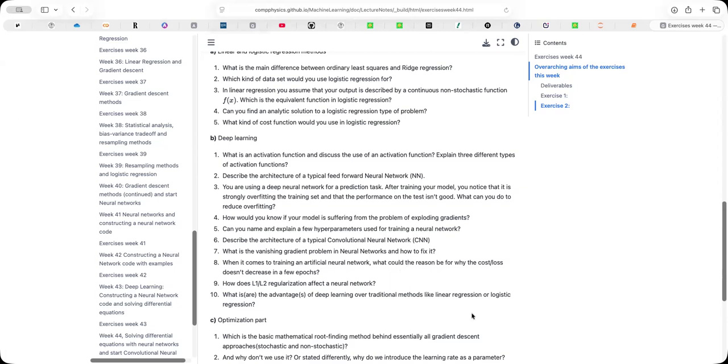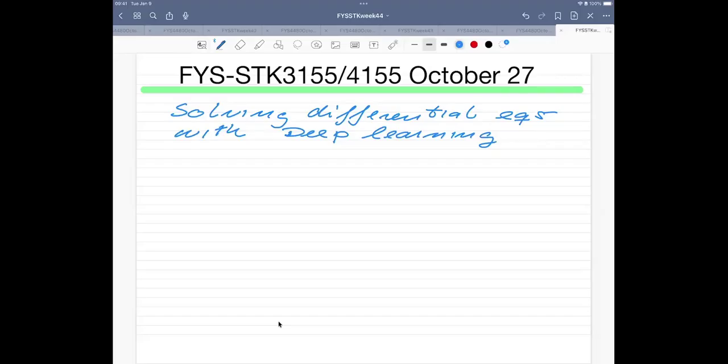Let's switch back to the whiteboard. The basic machinery is a very intuitive one in a certain sense. If you look at the typical differential equation, this is one of the cases we looked at last time.